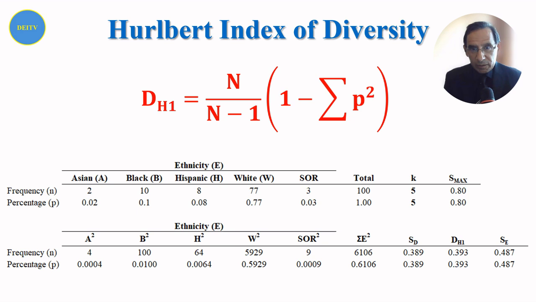When you multiply the Simpson diversity score by 100 divided by 99, that gives you the Hurlbert score of 0.393, and that's significantly lower than the Simpson standardized score, which is in the last column, of 0.487. So that is the Hurlbert index of diversity, or Hurlbert index of probability of interaction amongst ethnic groups.